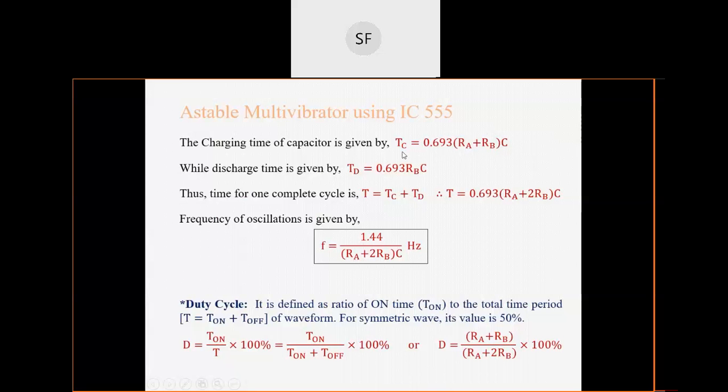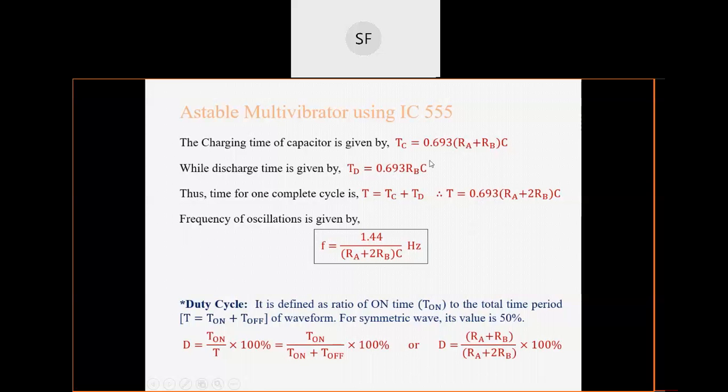The expression of charging time is equivalent to 0.693 into (RA plus RB) into C. The total time period, that is the complete cycle, is given by capital T. So the total time period is TC plus TD, the addition of these two expressions.